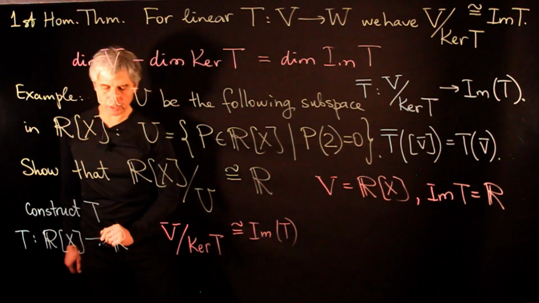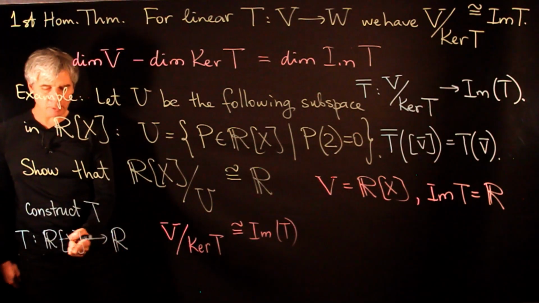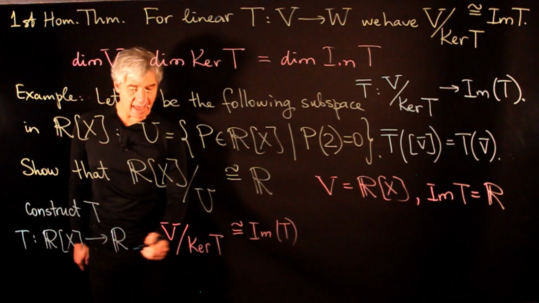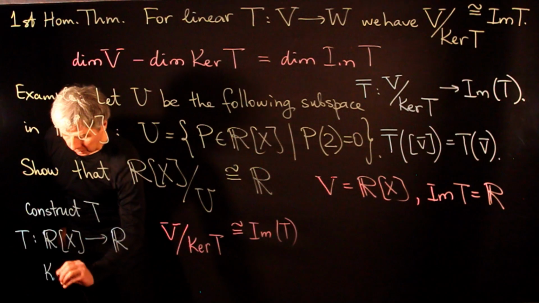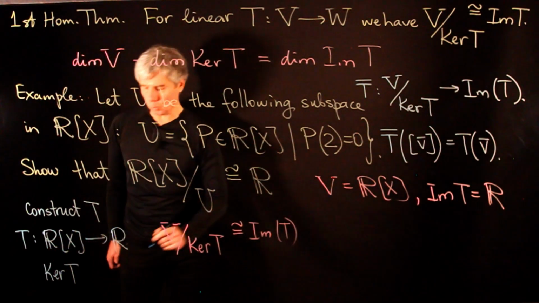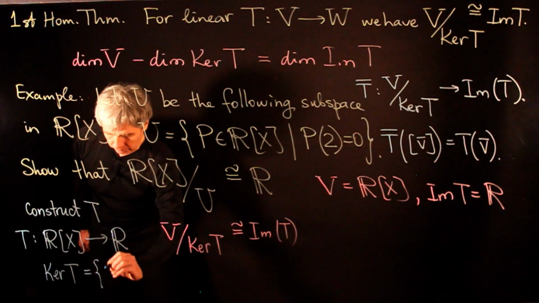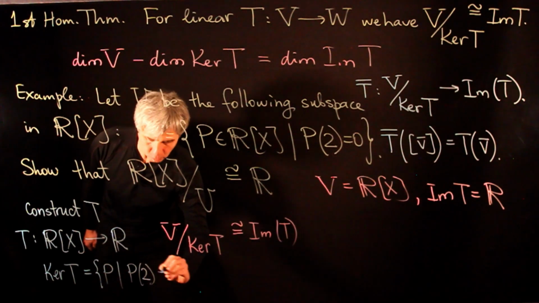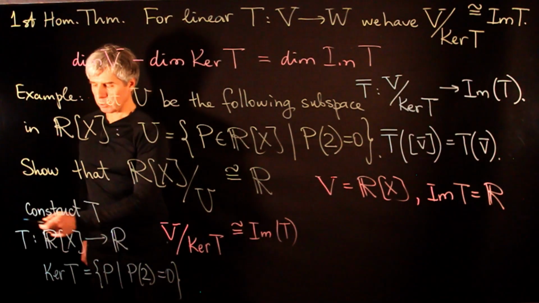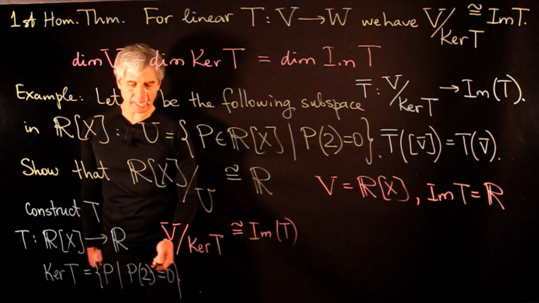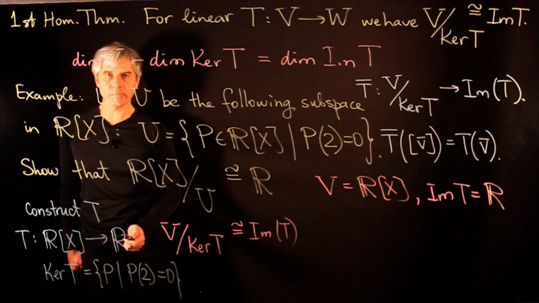So we want to construct a linear transformation from the space of polynomials into real numbers, and the kernel of this transformation T must be our space U. So this must be the set of polynomials P such that P evaluated at 2 is equal to 0. This transformation must turn polynomials that have 0 value at 2 into 0 numbers.